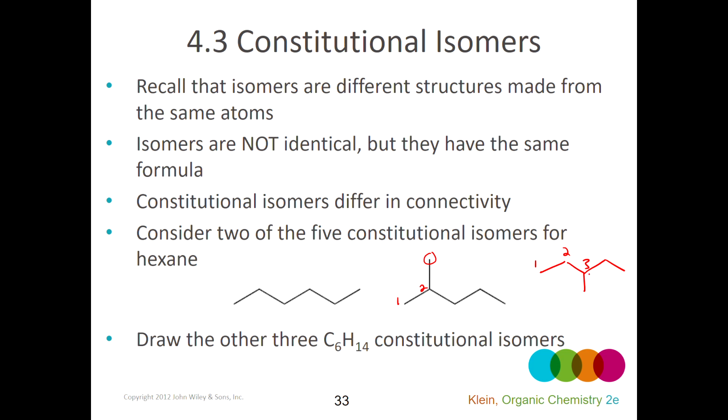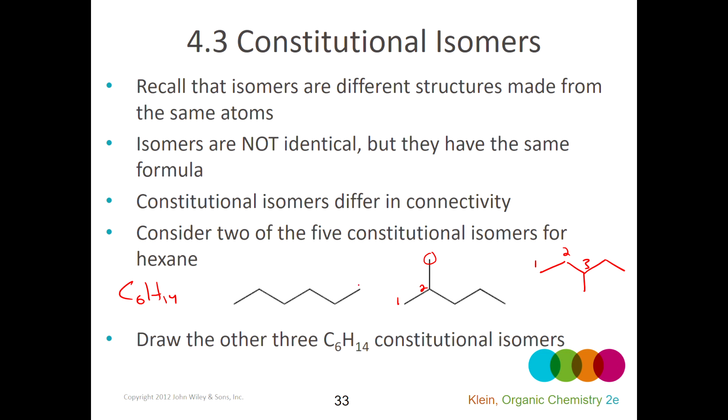I can't move the methyl one over though, because if it were here, it would be 2-methylpentane just like that one. So that wouldn't create a new isomer. So what else can I do? Well, typically when you're drawing as many isomers as you can for a formula, you want to look at varying degrees of branching.